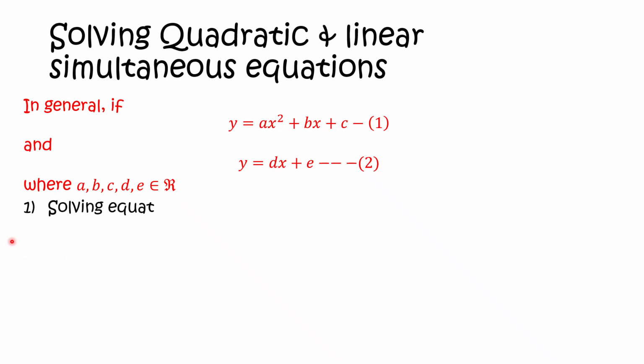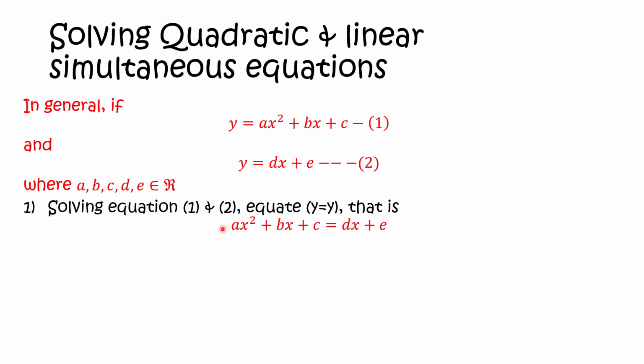Solving such a situation, we can make use of the following steps. 1. To solve equations 1 and 2, equate y to y, that is the quadratic being equal to the linear equation. 2.